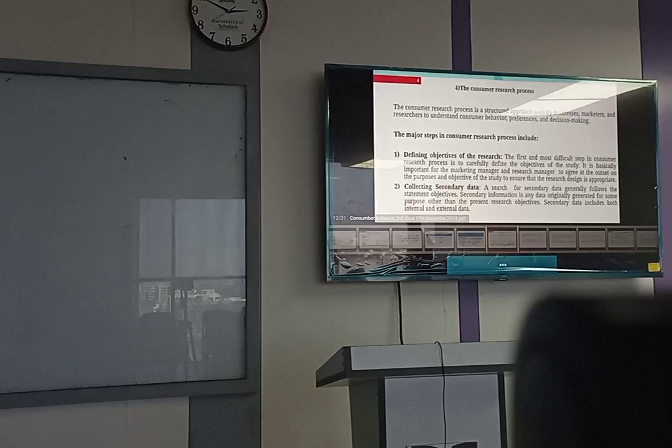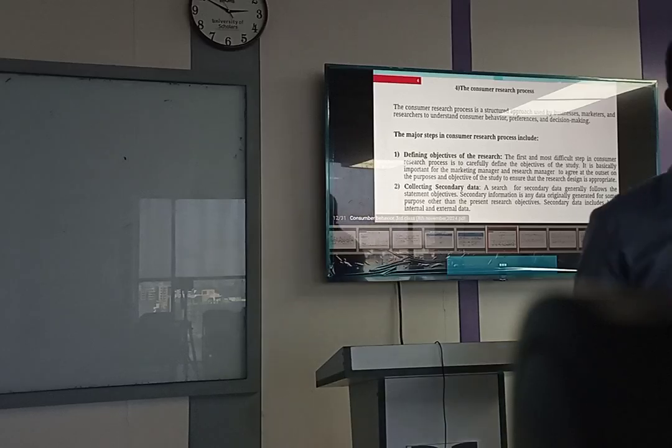It is a structured approach used by businesses, marketers, and researchers to understand consumer behavior, preference, and decision making. So basically, consumer research is done to understand the behavior, preference, and decision making.